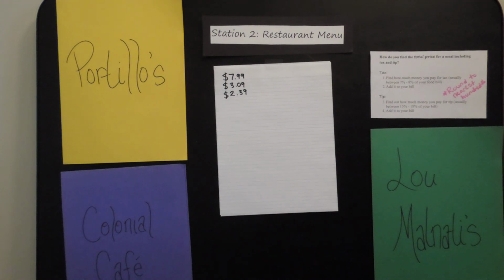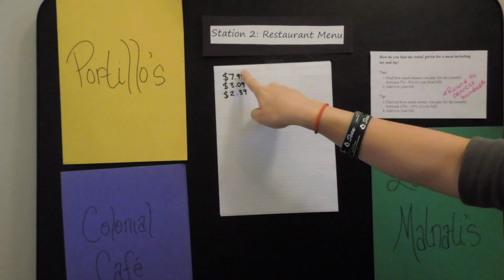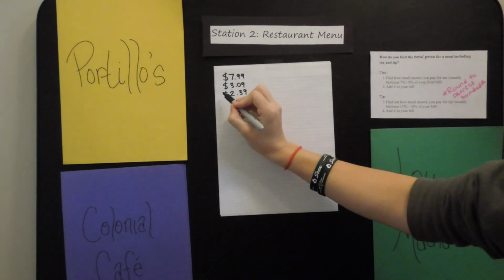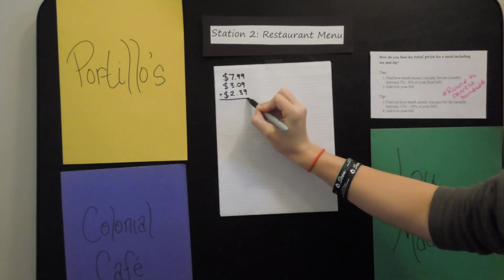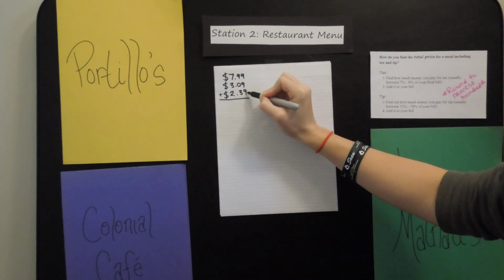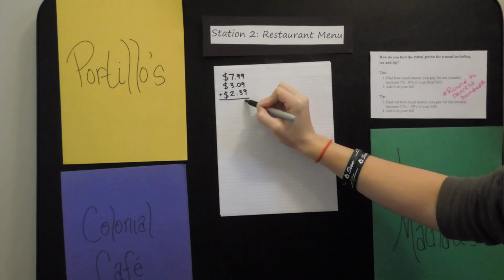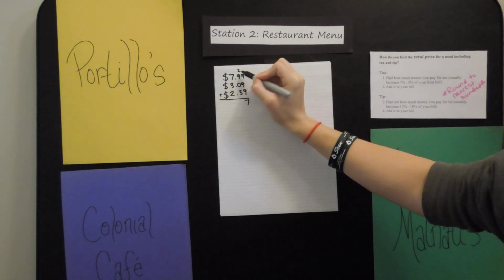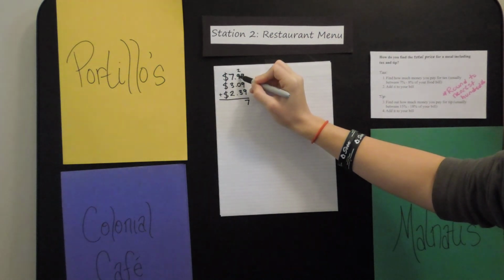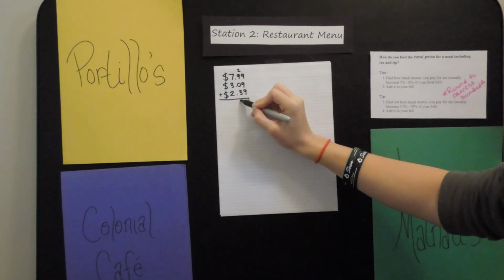So the first thing you would need to do is calculate the total cost of your meal. And to do that, you need to make sure that your decimals are all lined up just like they are here. So if we add all of these 3 items together, 9 plus 9 plus 9 will give us 27. So we'll put a 7 down here and a 2 up here. 3 plus 9 is 12, plus another 2 is 14.